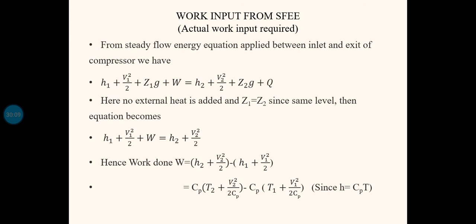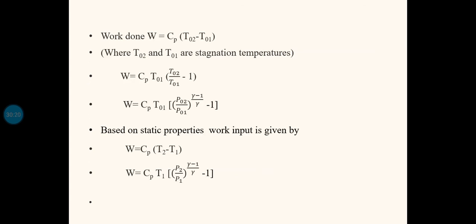Since every term, here it is T2 and here it is V2, so this entire term is T02, this one is T01, T1 and here it is V1. That's why it becomes T01. So the equation becomes work done is equal to W into Cp (T02 minus T01). This is an important equation. In some problems, we have to calculate the work required based on this equation.